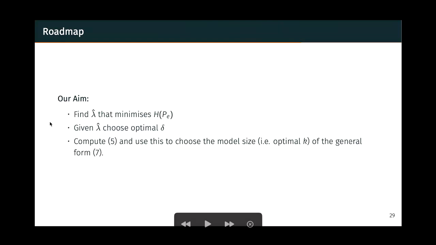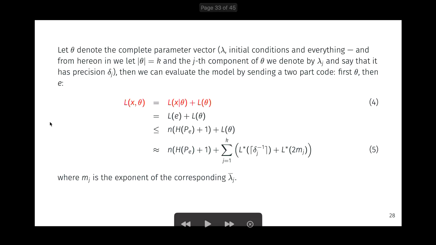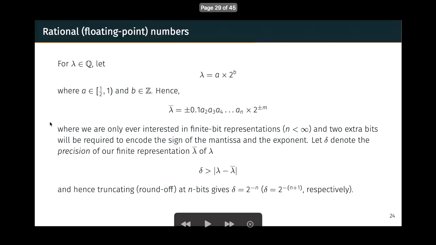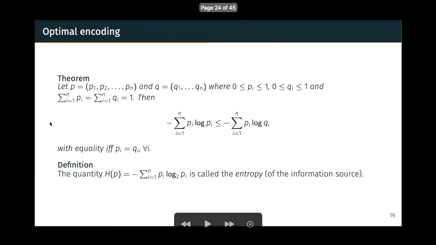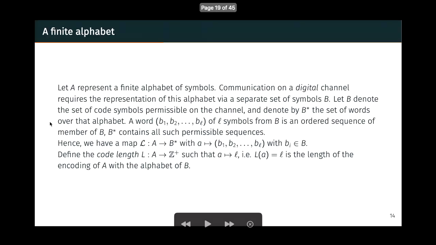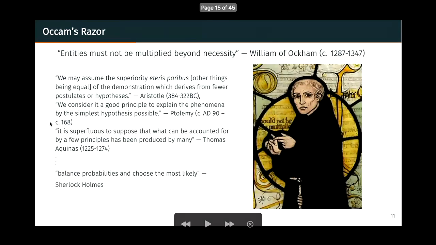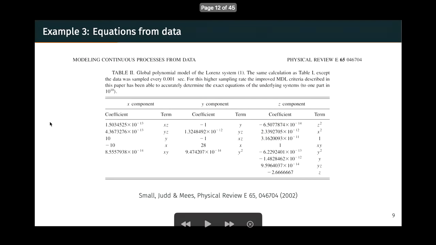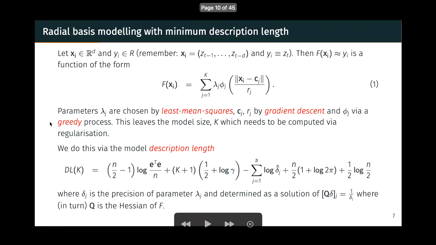Once I find that, then I can just substitute those deltas into, sorry Dave, I'm going to flick through several slides. I think I just flicked past it, no, here, into this expression, right? I've got my best lambdas, so I've got my errors, I can calculate that. The errors are known, n is the length of the data, that's known.